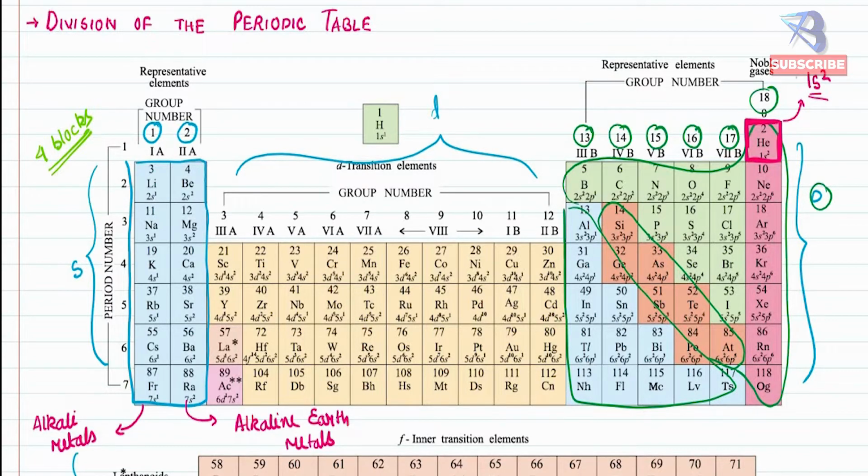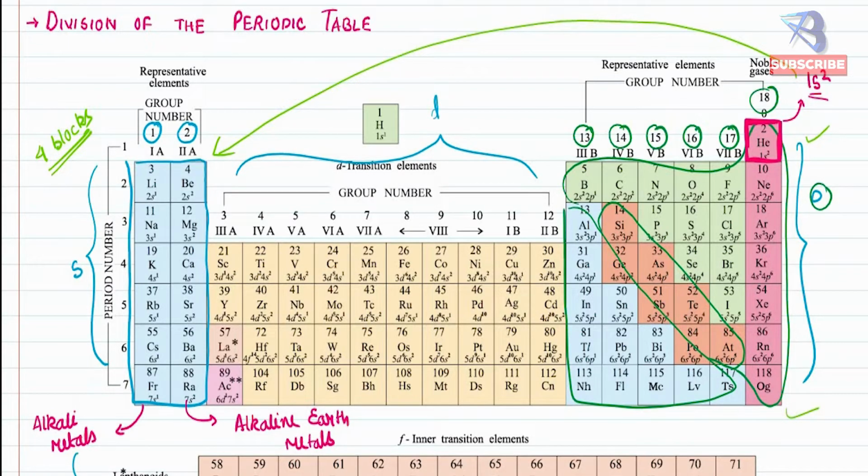So helium is strictly an s block element, but then why haven't we kept it there? Why have we kept it in the noble gases? Because the last energy level is completely occupied, the properties of helium are very much similar to the rest of the noble gases.